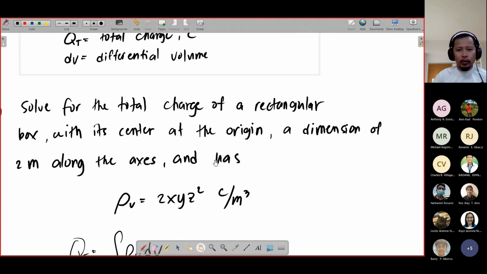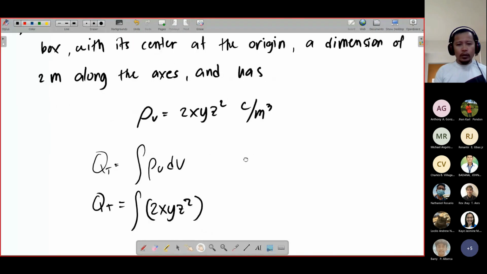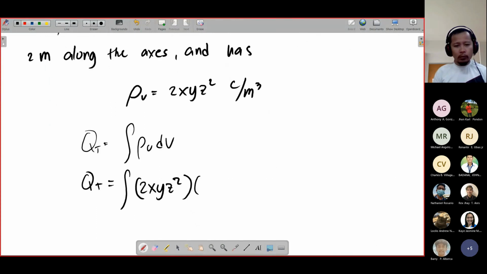If you read the problem properly, it is a rectangular box, so this is the rectangular coordinate system. What is the differential volume in the rectangular coordinate system? You can recall that it is dx dy dz.